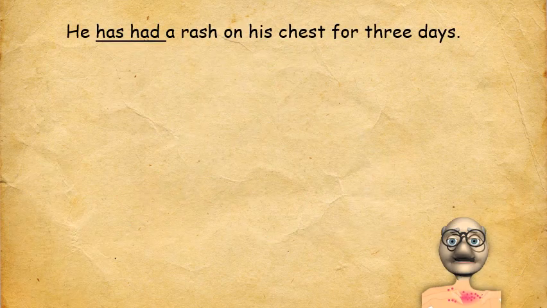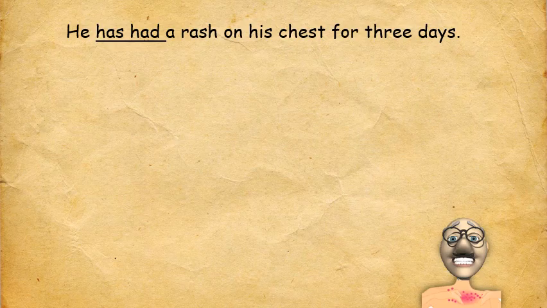He has had a rash on his chest for 3 days. Notice that the sentence is in present perfect tense. There's the answer. What's the question? Who has had a rash on his chest for 3 days?